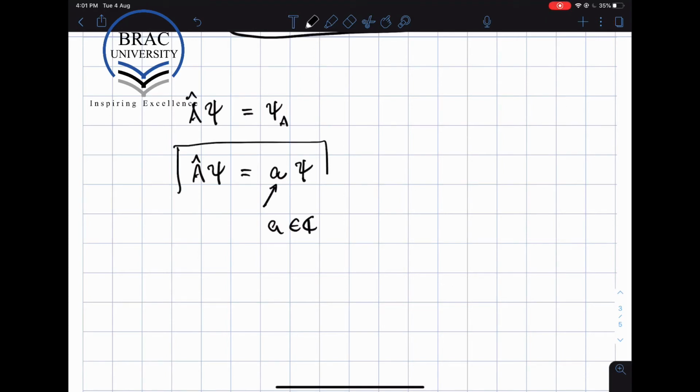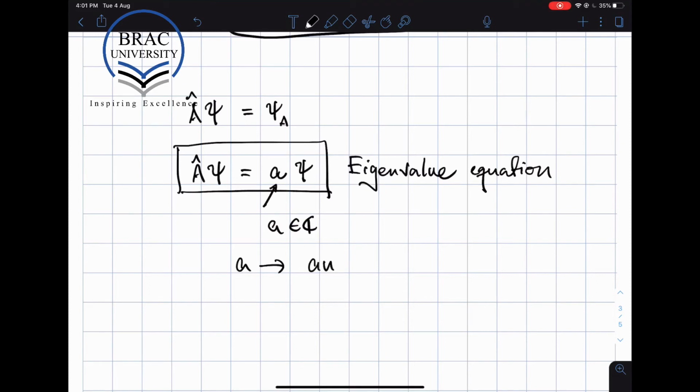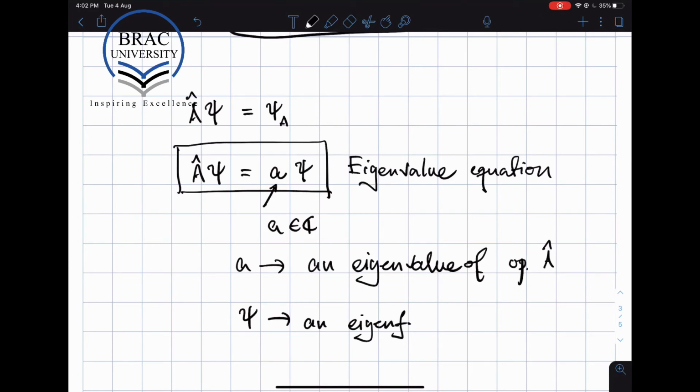So this equation is called the eigenvalue equation. And the number a is called an eigenvalue of the operator A, and psi is called an eigenfunction belonging to the eigenvalue a.